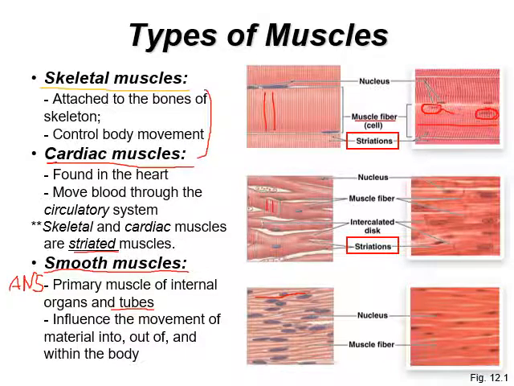If we jump down to the cardiac muscle, just like the skeletal, it has the striations, but you can see these are very small cells. You can see here's one end, here's another end, and there should be another end here. But these are small in length, and they are also branched.